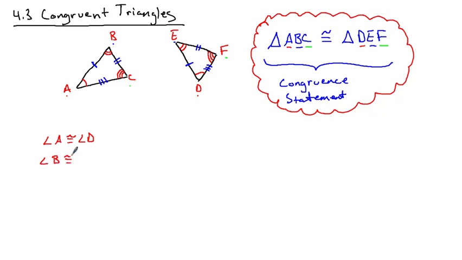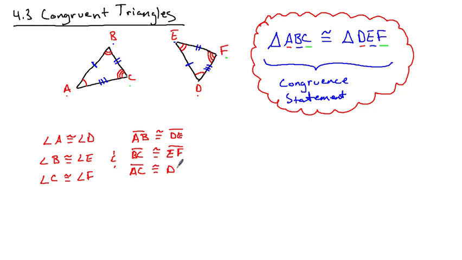Angle B is congruent to angle E, and angle C is congruent to angle F, and AB is congruent to DE, BC is congruent to EF, and lastly AC is congruent to DF. So if you know the triangles are congruent, you know all of these things.